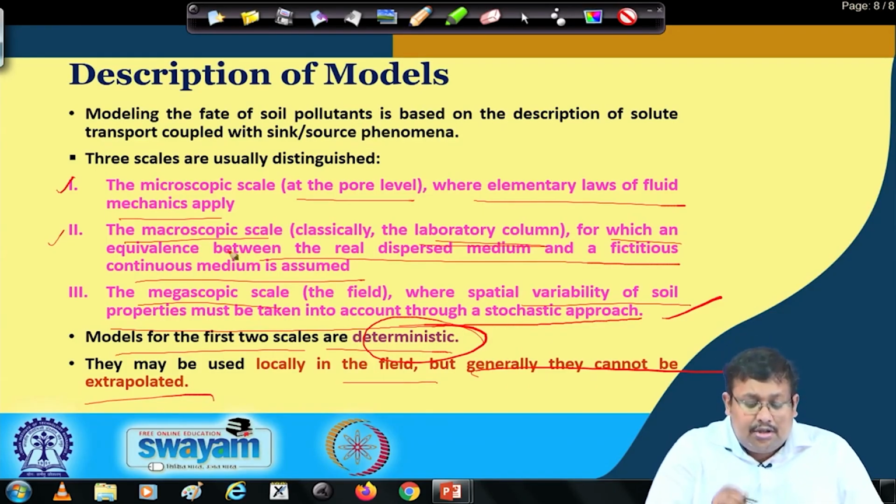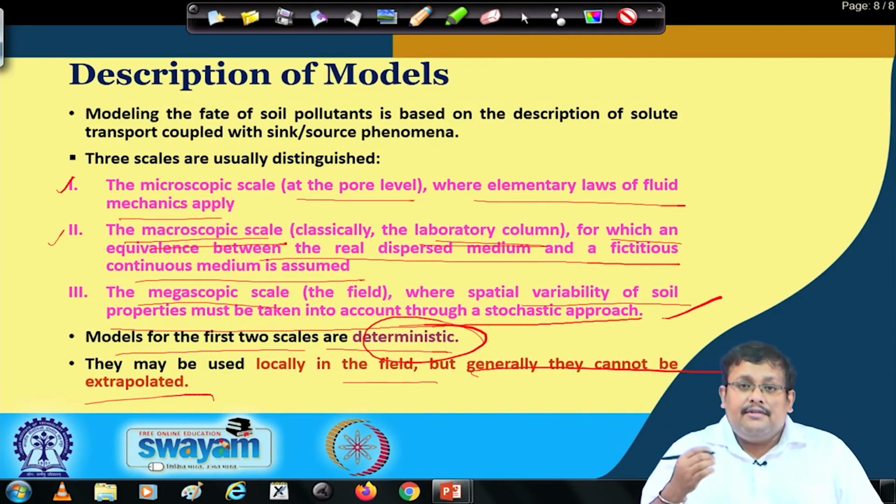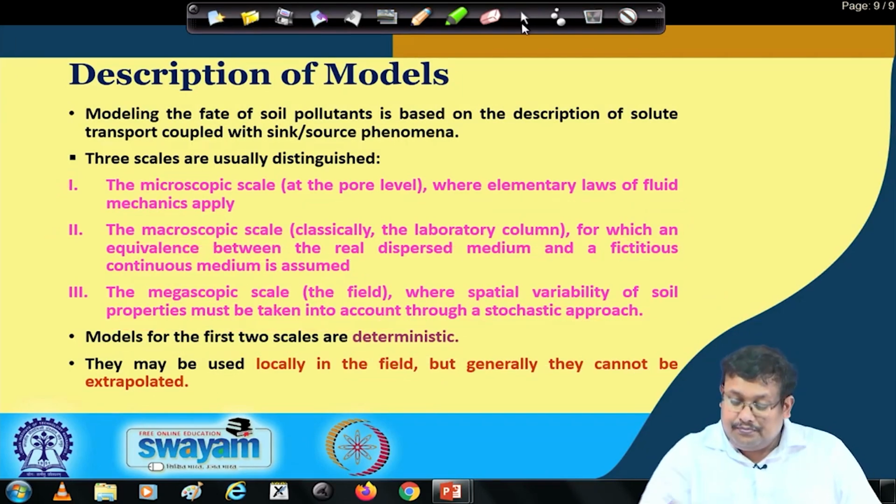Although these first two scales can be locally applied in the field, the model cannot be extrapolated to a new area. So, this is the difference between the three scales which we use for describing a pollution fate model.